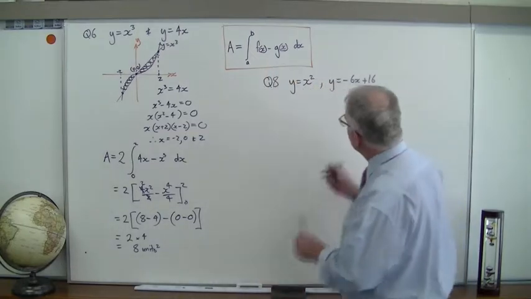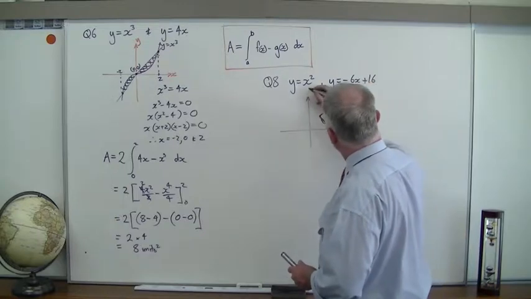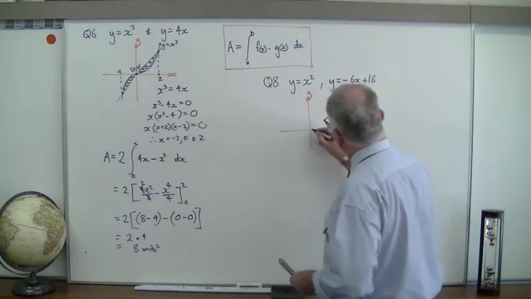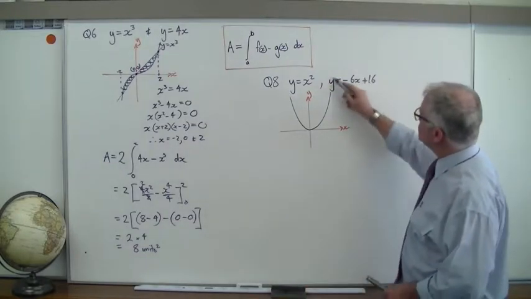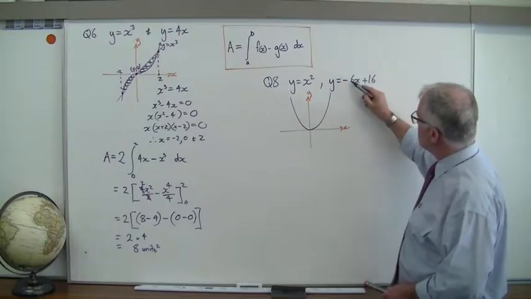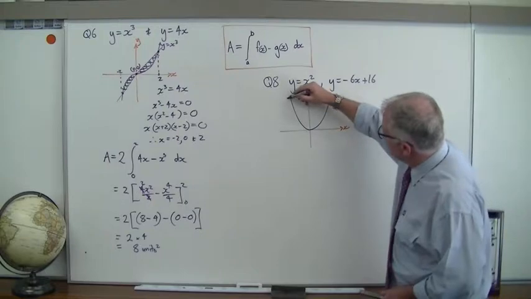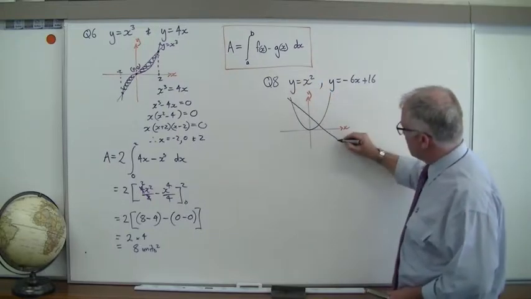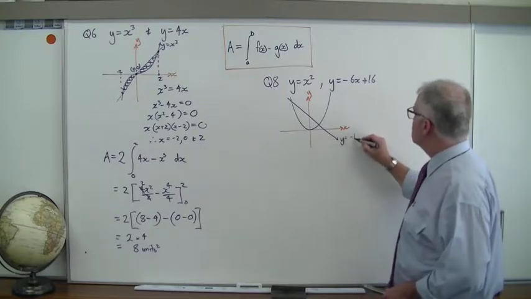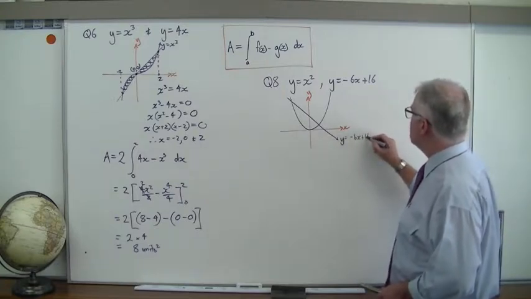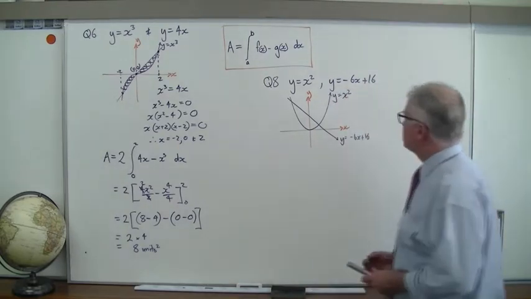Now, a quick sketch of that would show a nice simple parabola for one curve, and then this is a straight line with a negative slope, and it goes through the point plus 16, so this is not really going to be steep enough, but that will do. That represents y equals minus 6x plus 16, and this represents y equals x squared.